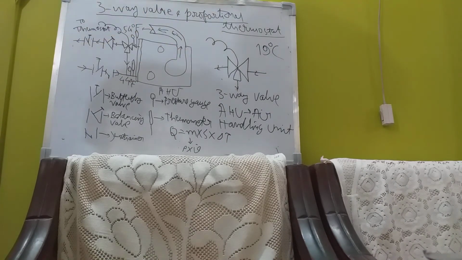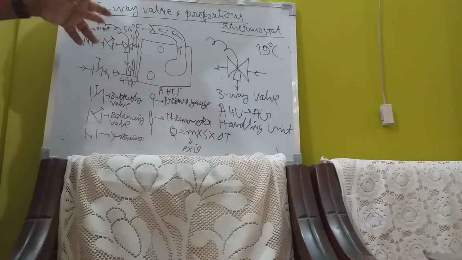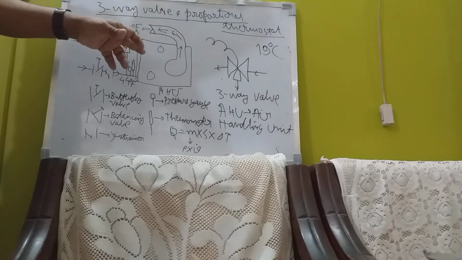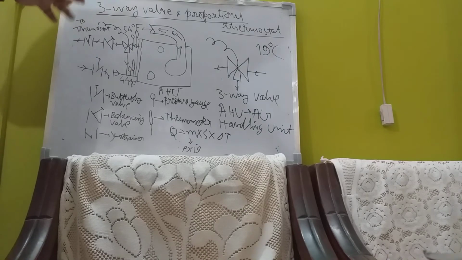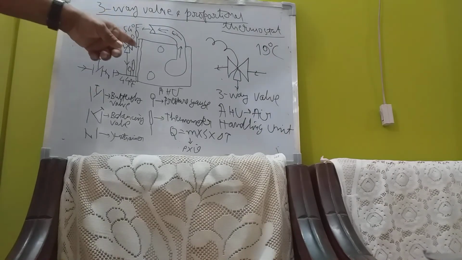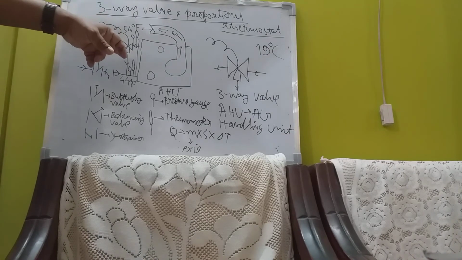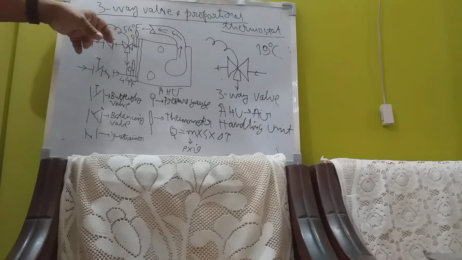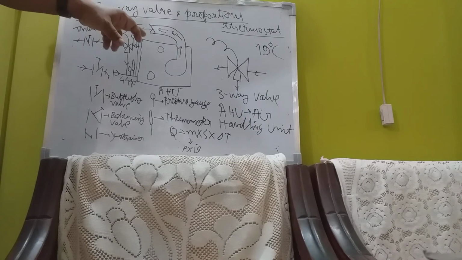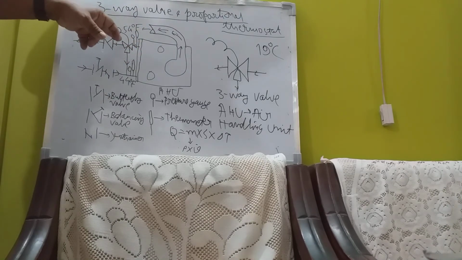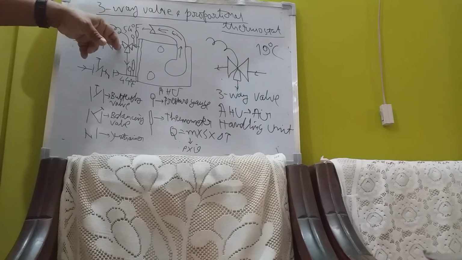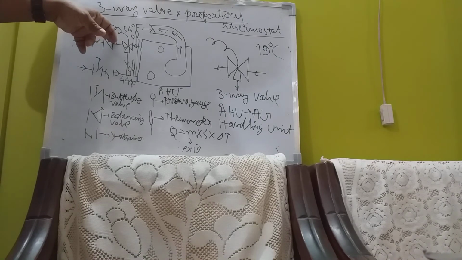So in this case, try to remember, we use on-off thermostat in FCUs, and proportional thermostat in AHUs. In FCUs we use on-off control of the bypass port and the main port. But in case of AHUs, we use proportional control of the bypass port and the output port.